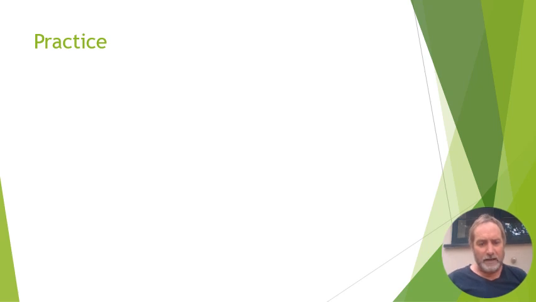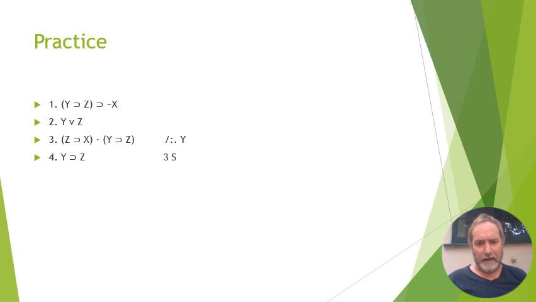But here's how I would tackle it, right? So first thing, I would simplify my conjunction on line 3, right? It's so easy to do. You only need one line. It's not like one of these two-line rules, right? Anytime you see a conjunction, just break it in two, right? So I'm going to take the second half of that conjunction, just put it on a line. Typically, I would just go ahead and get Z then X and put that on a line too. Why not, right?